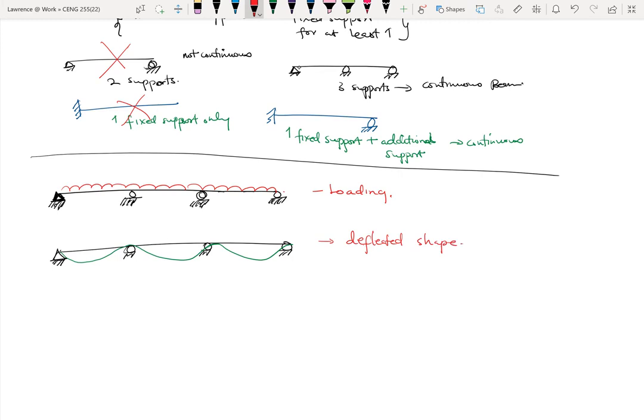So this works for a continuous beam. Let me draw another bit of it. Then the bending moment diagram of this particular beam would look like this.